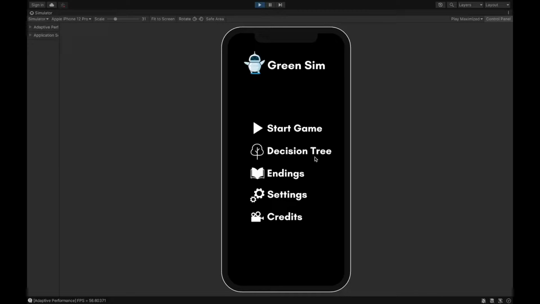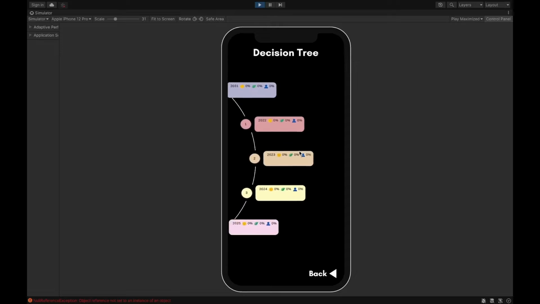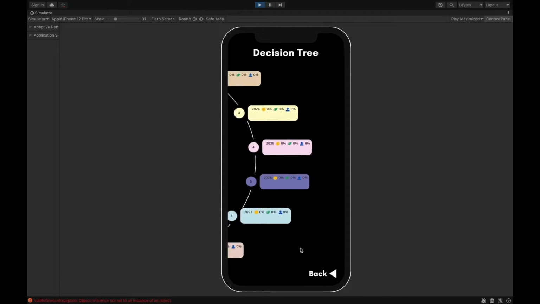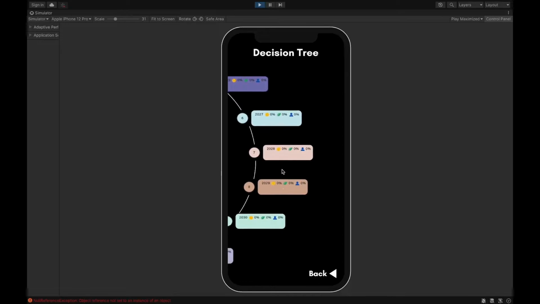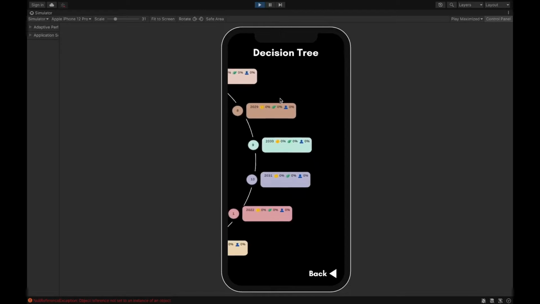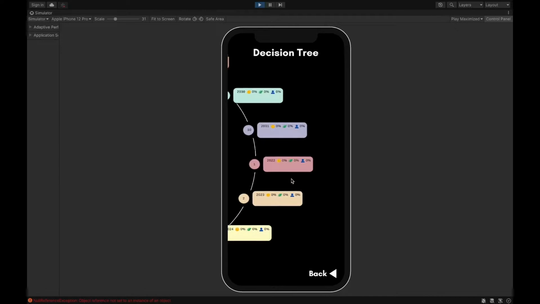So before we start a new game, actually, we can look at the decision tree. As you can see, and as you'll soon find out, there are 10 events where the ruler needs to make decisions, and so the interface is made so that the user can scroll back up to a particular event and essentially go back to that event page where they can change the decisions they've made in order to change the outcome of that event.